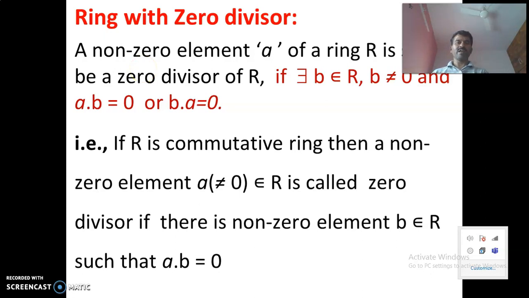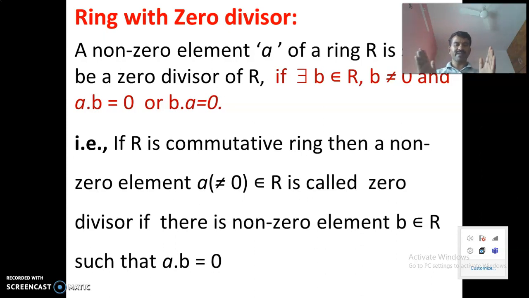If R is a commutative ring, then a non-zero element is called a zero divisor if there is another non-zero element, keep remembering, such that the product is also 0. That we call a ring with zero divisors.